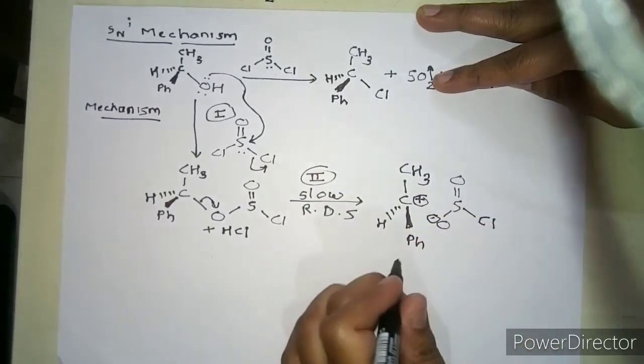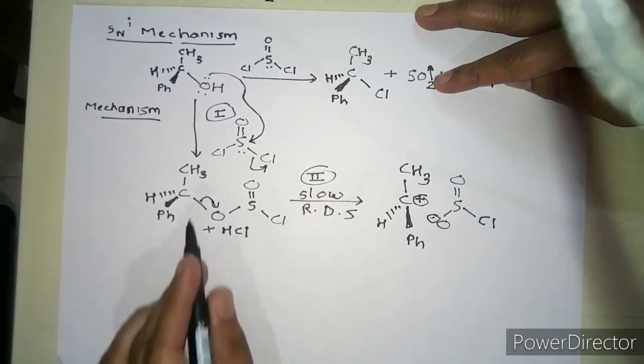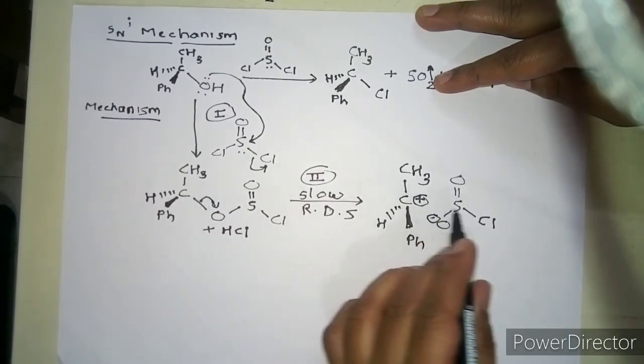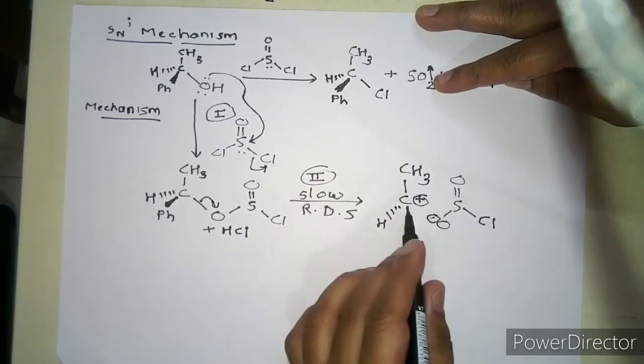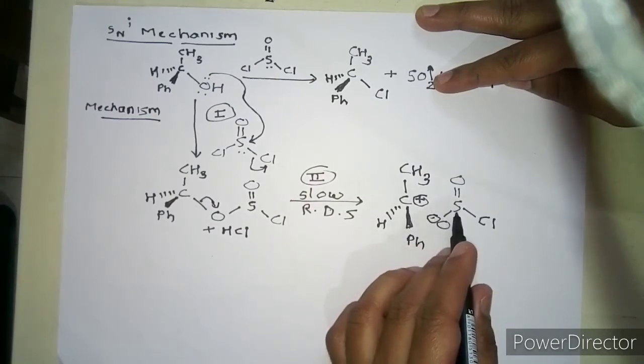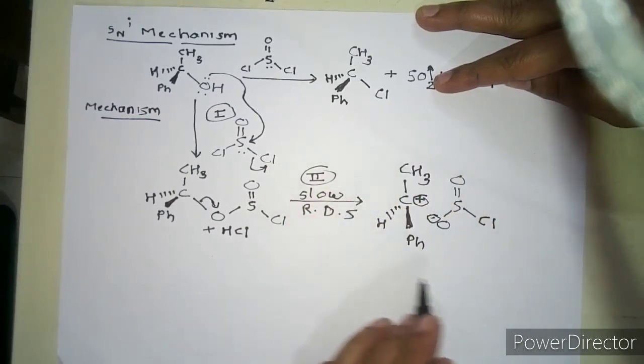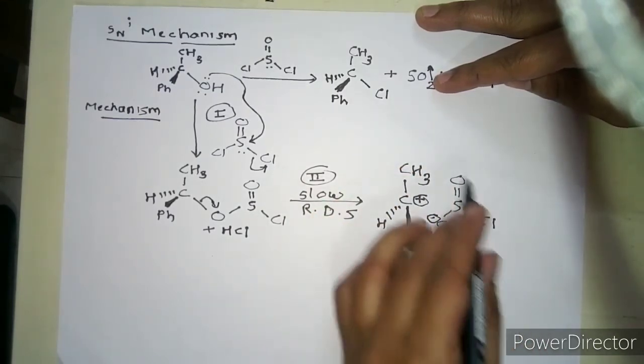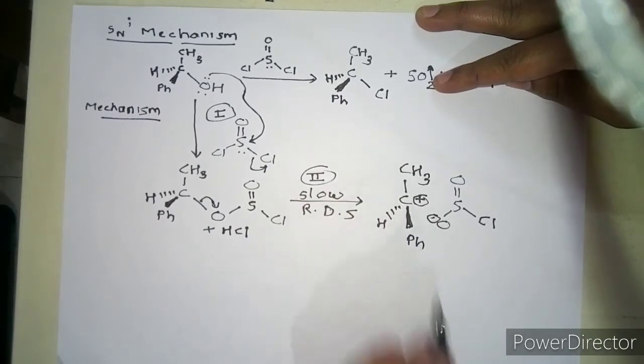This is actually called an intimate ion pair. Here the bond has been broken, but these two are in close contact with each other, and therefore this is called intimate ion pair. This is surrounded by an array of solvent molecules.